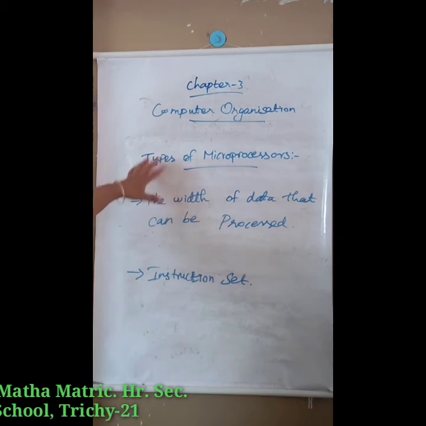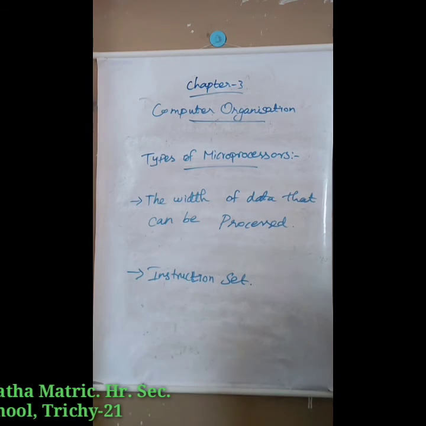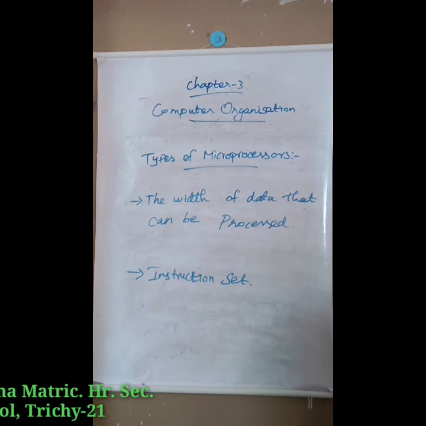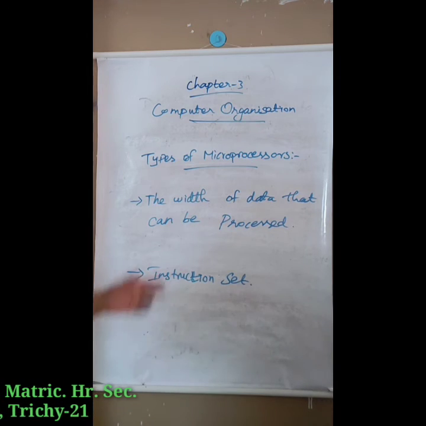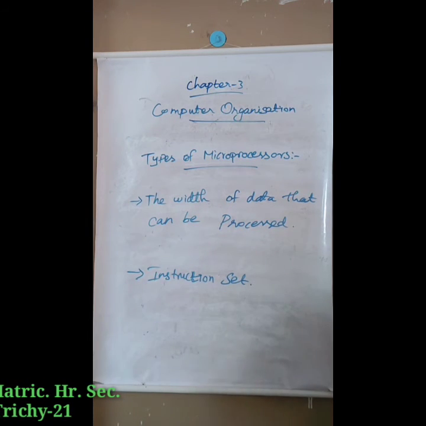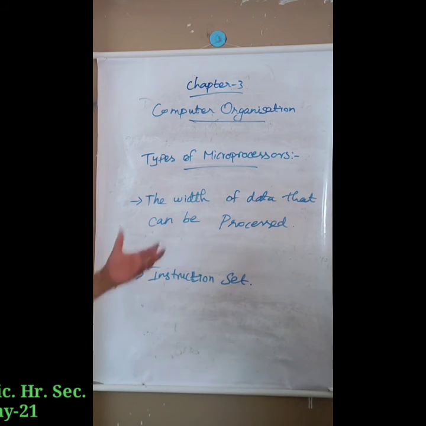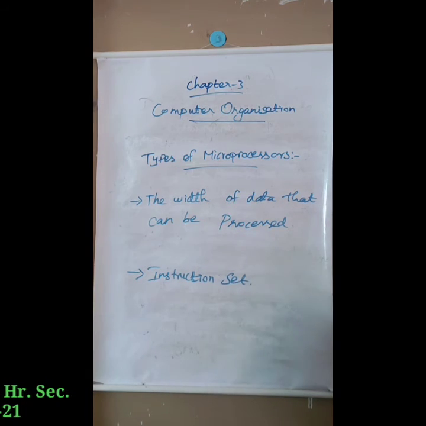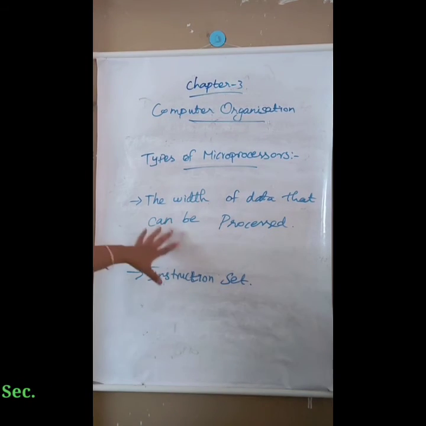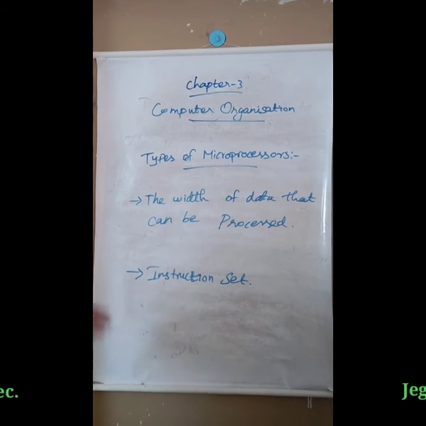The next one is types of microprocessor. The microprocessor is classified based on the following criteria. The first one is the width of the data that can be processed, and the second one is the instruction set. The classification based on data width depends only on the data width the microprocessor can process.